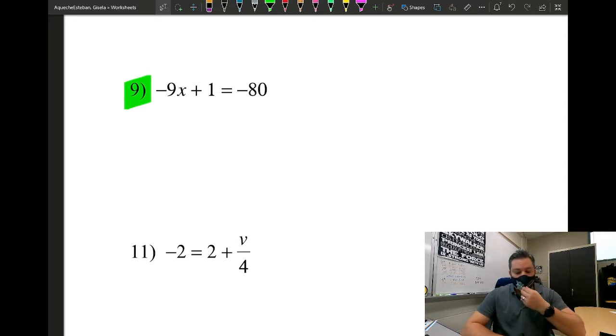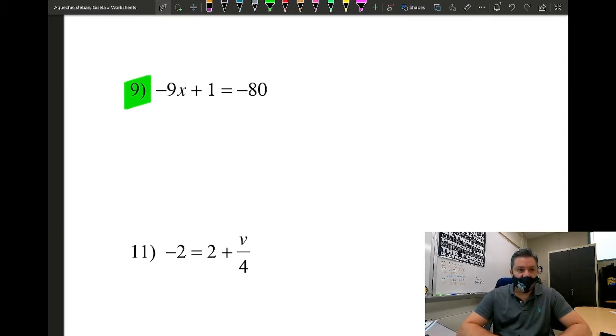To solve, we're looking for what value 9 multiplies with x and then adds 1 to give us negative 80. So 9 times something plus 1 is going to give you negative 80. We don't know what that something is, and we're going to solve for it. The way we do that is we're going to use GEMDAS in reverse.